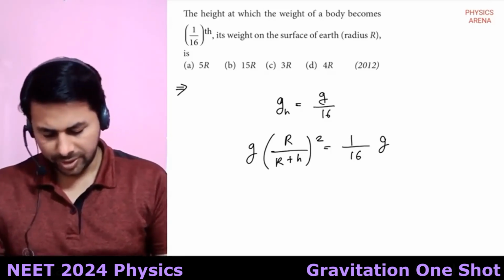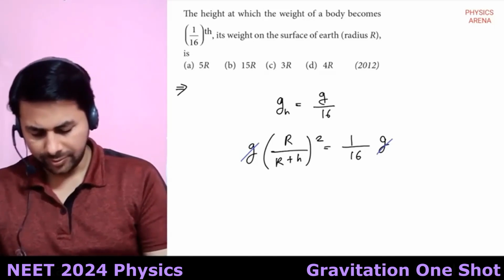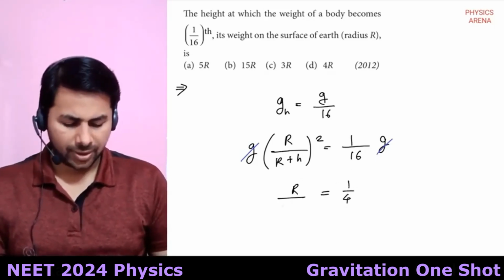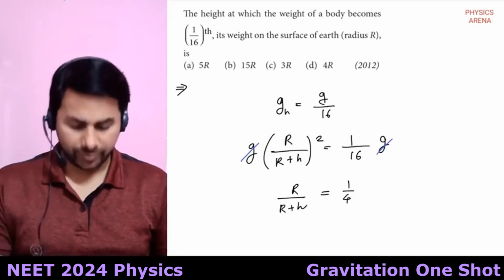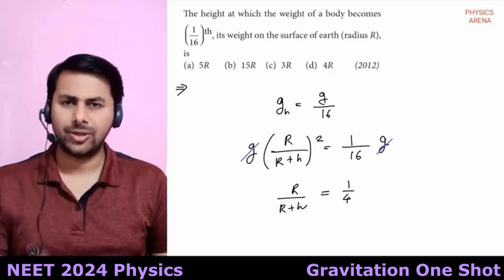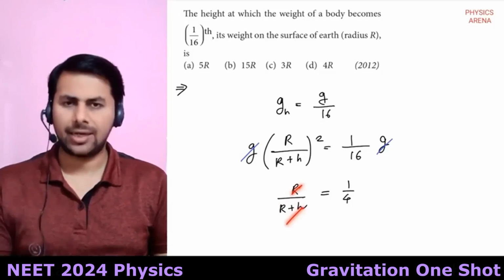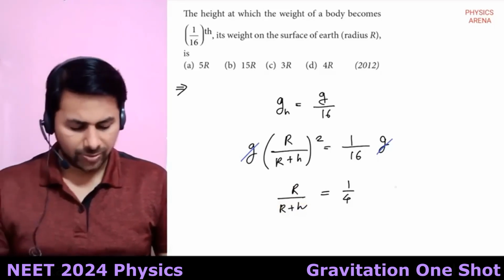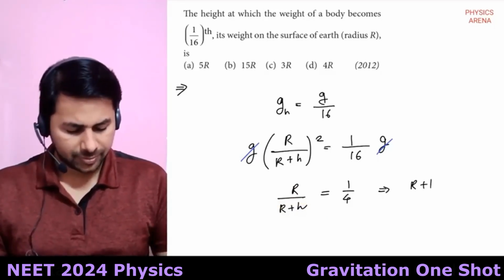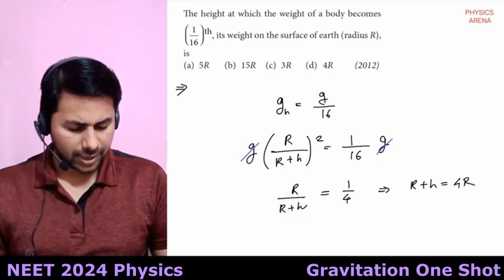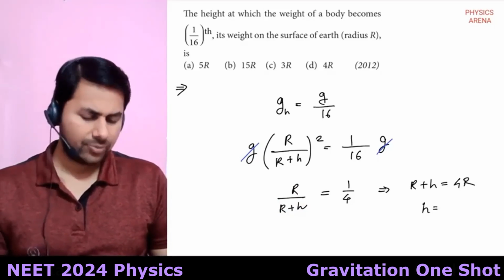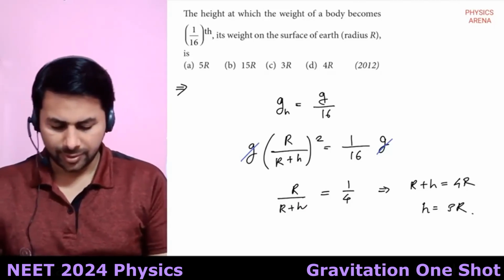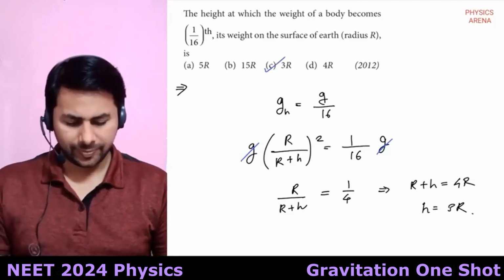And now if you take the square root, it will be 1 by 4. R upon R plus h is 1 by 4. That means the denominator is equal to how much? 4R, because then R and R will get cancelled. So R plus h is equal to 4R, and therefore h is equal to 4R minus R, 3R.